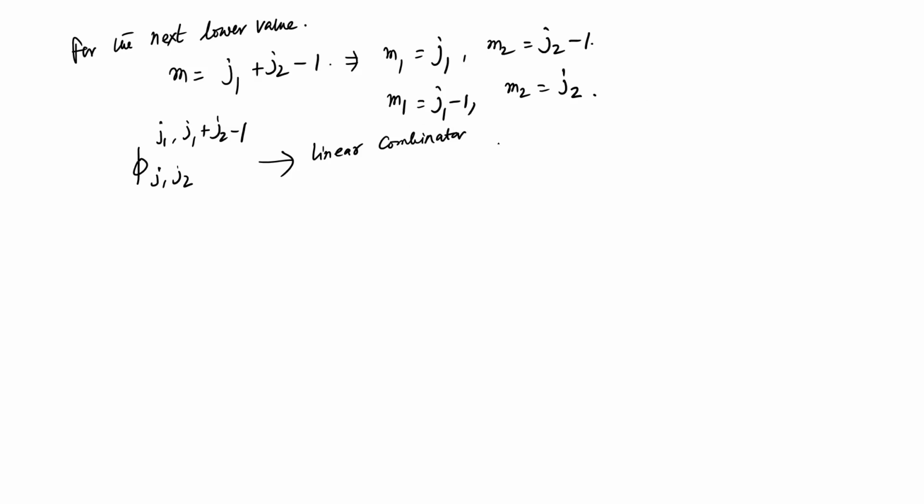Okay. So, these should be combinations of psi J1, J2, J1, J2 minus 1.